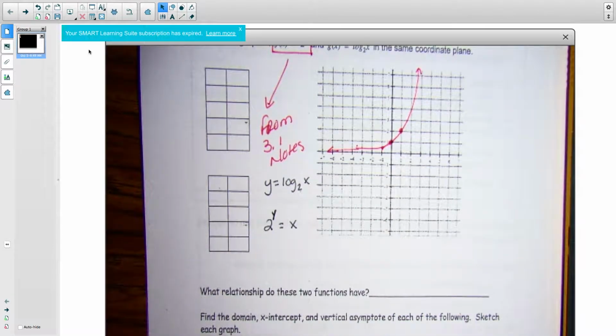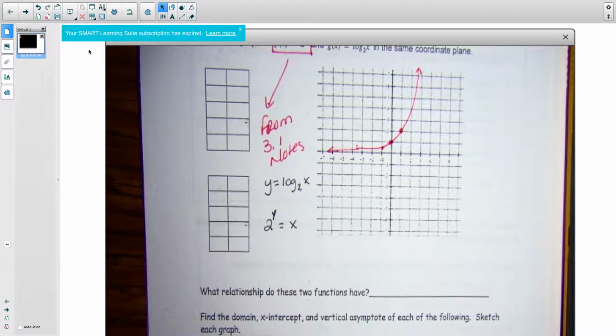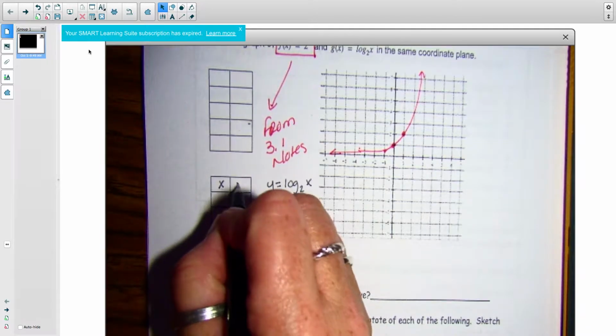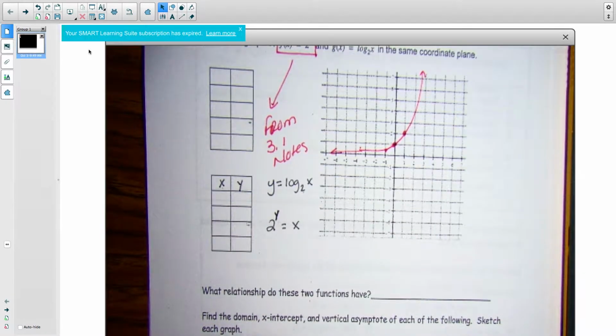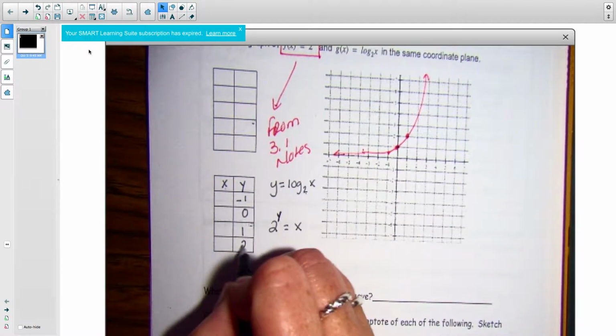Does it just flip the points? What happened between the two? The x's and the y's are flipped. So let's find out. Instead of picking x values, I pick y's. So I'm going to use negative 1, 0, 1, and 2.